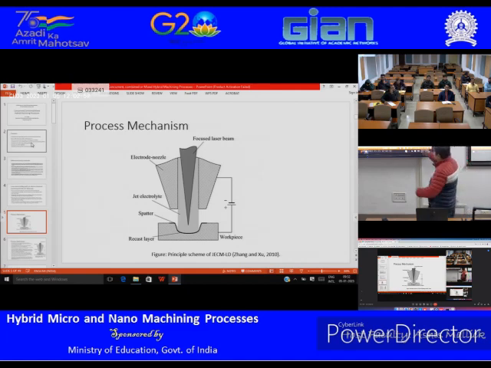So you are using the focused laser beam, and because the spot size can be really small, you can make the pilot hole small. The electrochemical jet is also doing electrochemical dissolution and continuously removing the material around the pilot hole.